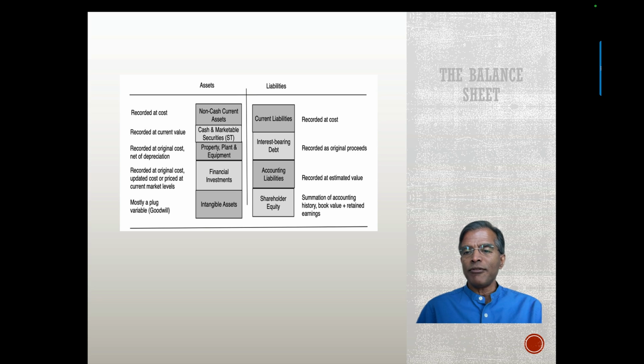If you have financial investments in other companies, the way they're recorded depends on the motive for the holding. If you're holding an investment for trading, they have to be marked to market. But if you're holding them as strategic, as something you need for your ongoing business, then you record them at original amounts or book value adjusted. And finally, there is this item of intangibles.